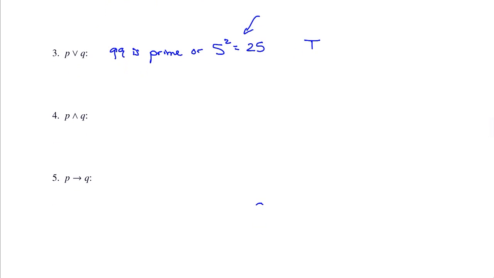P and Q. That would be 99 is prime and 5 squared equals 25. True or false? That is false. In order for an AND statement to be true, both statements have to be true. The first one is false. 99 is not prime. So the whole statement is false.